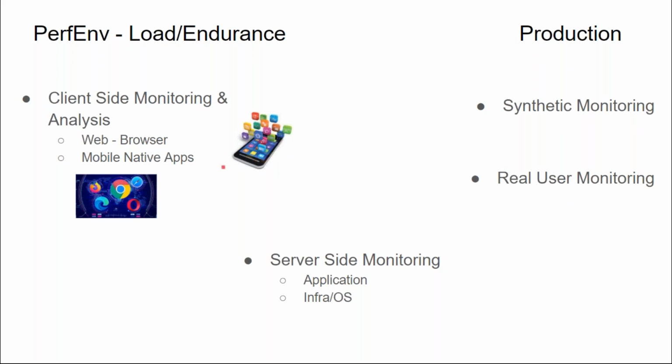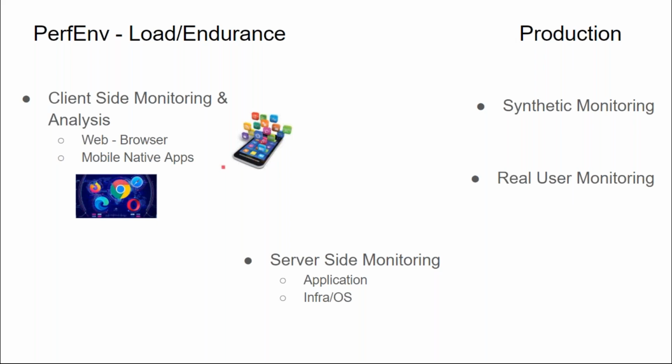Then we are going to look into server side monitoring. We will look into AppDynamics, right from configuring your Java application with the AppDynamics agent on a real-time application, running a small test, and then how to use AppDynamics from a monitoring, diagnostics and configuration perspective.